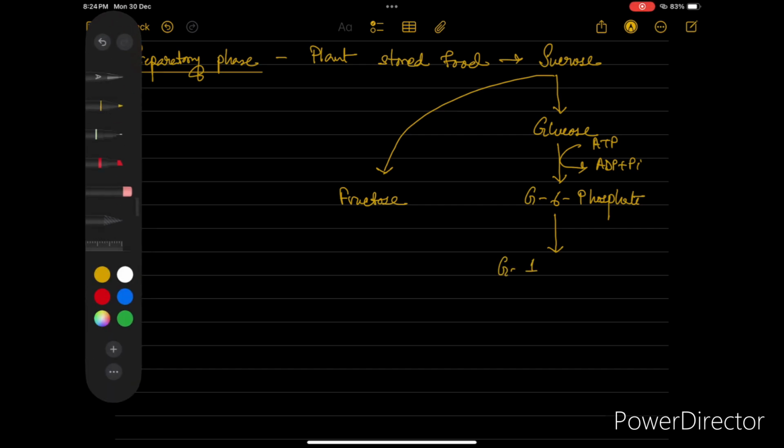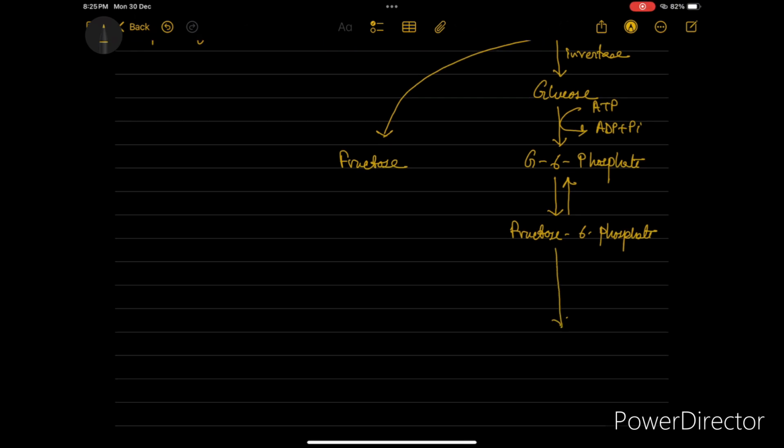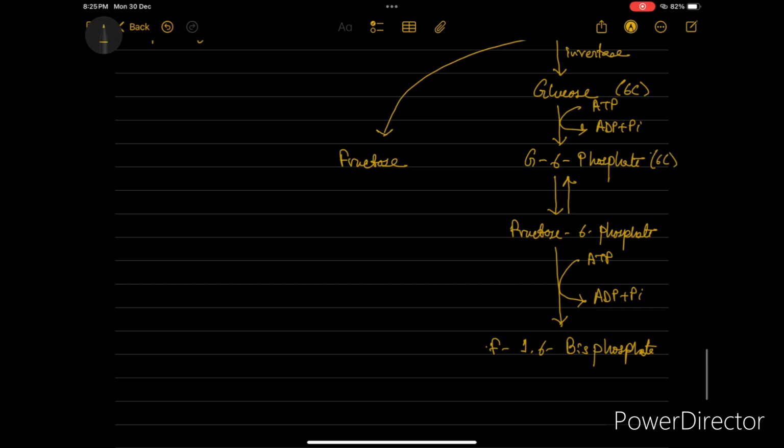Now this glucose 6-phosphate is converted into fructose 6-phosphate, and this step is reversible. From fructose 6-phosphate there is production of fructose 1,6-bisphosphate with the help of an ATP molecule, that is ATP is broken down into ADP plus Pi.